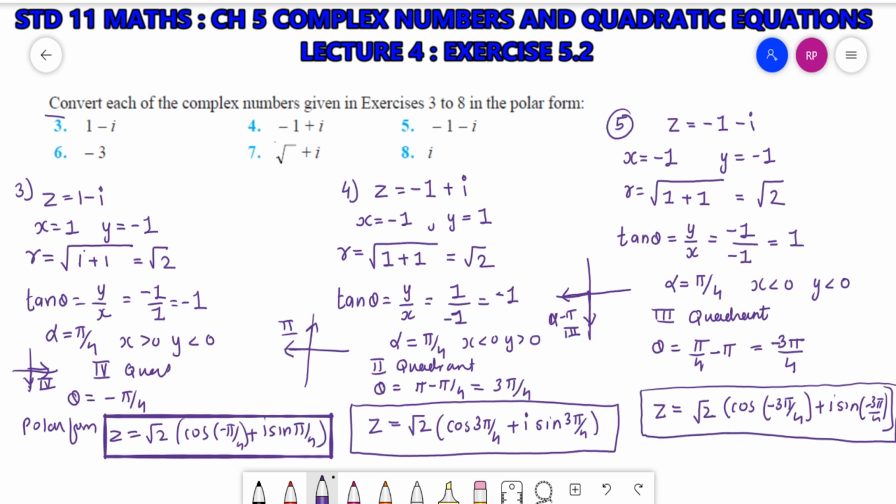Okay, this is the polar form for question number 5, that is z equal to minus 1 minus i. So this was about question number 3, 4 and 5. So just note it down.